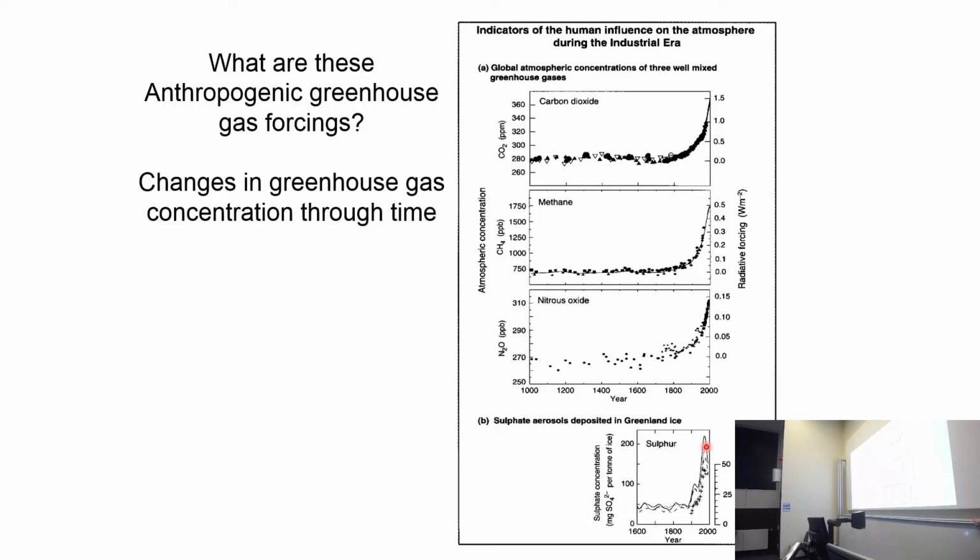But it means that all of these sulfate aerosols will have had a cooling effect on the climate, because they're adding to the cloud condensation nuclei. They're making the atmosphere more reflective. So a little bit of this has counteracted some of our greenhouse gas warming, okay?